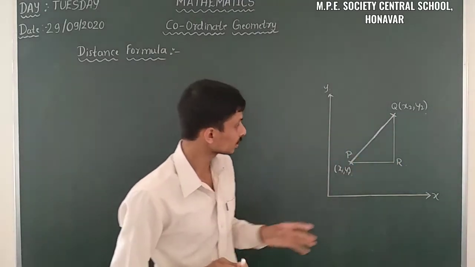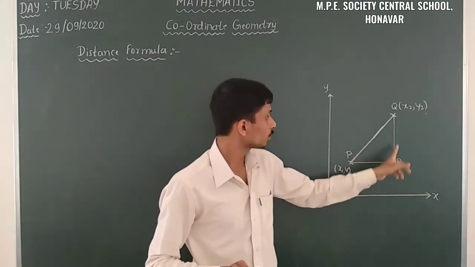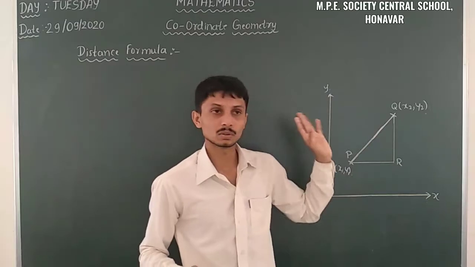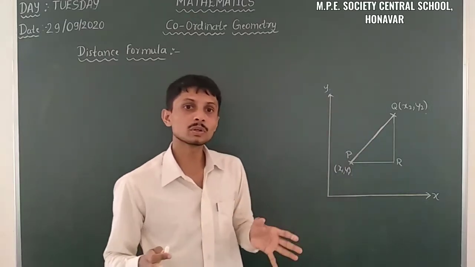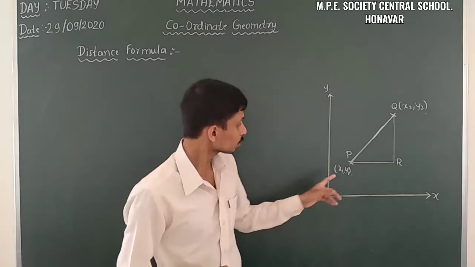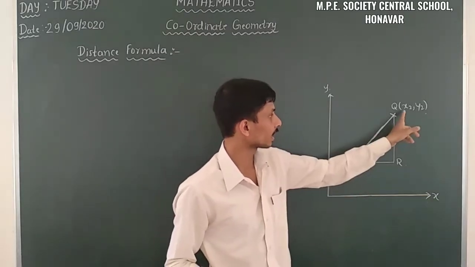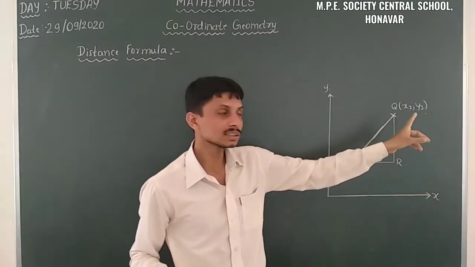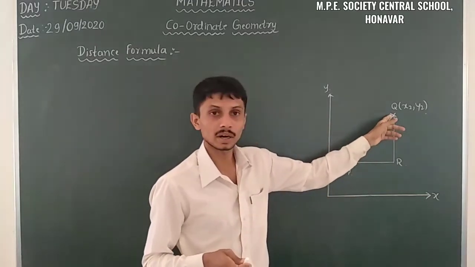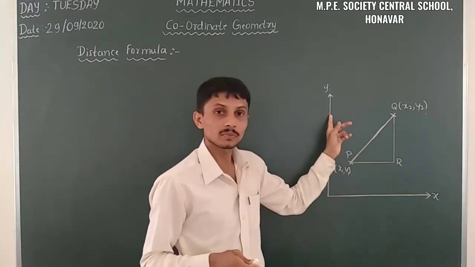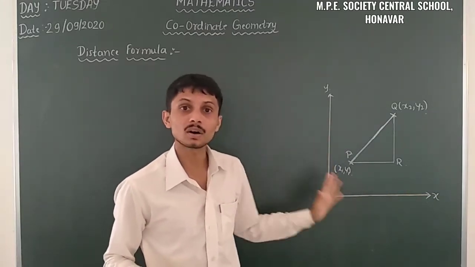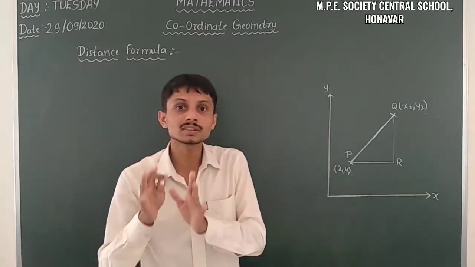But just observe here, we don't have the distance QR, we don't have the distance PQ, and PR also we don't have. All the values are unknown. But here x1 is there, y1 is there, and y2 is there. That means on the axes, the horizontal line and the vertical line, we have some of the values.